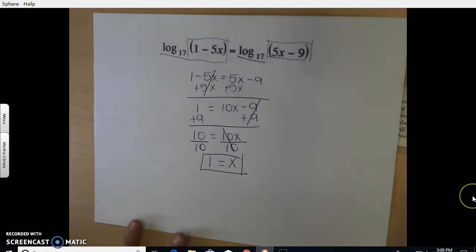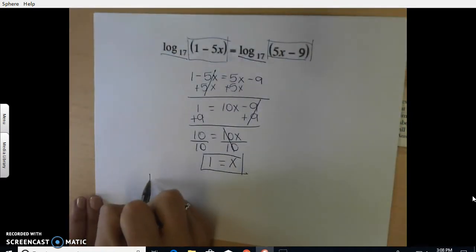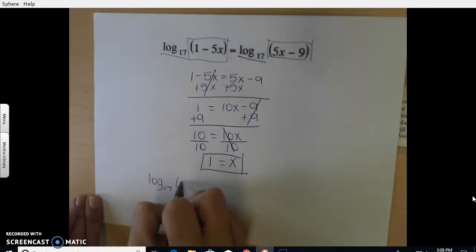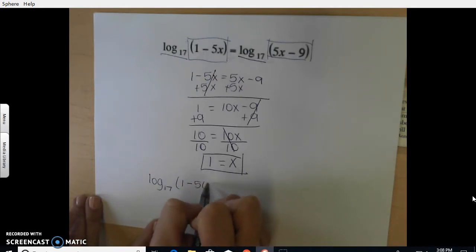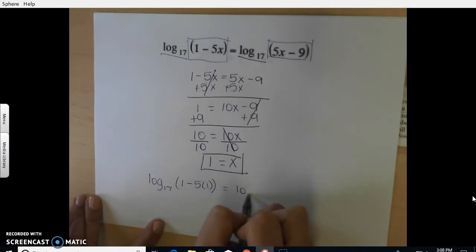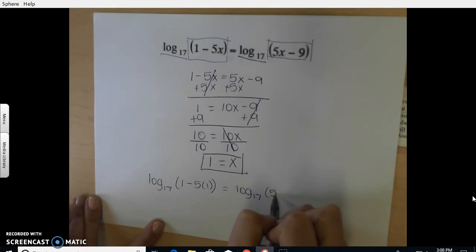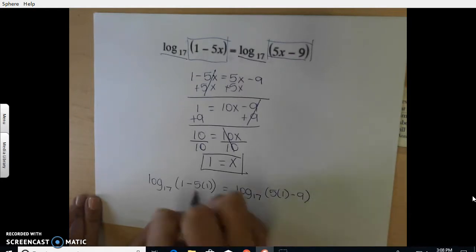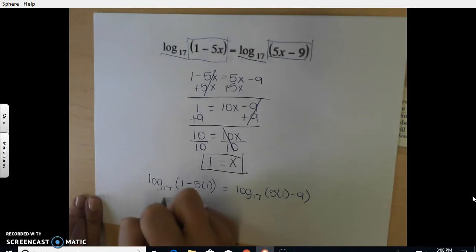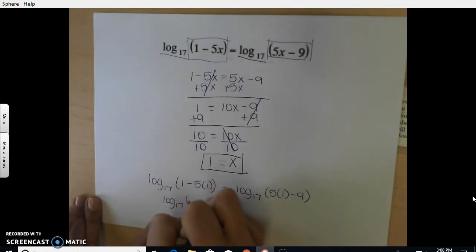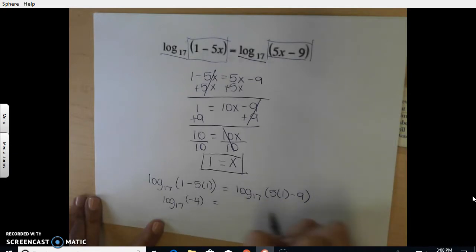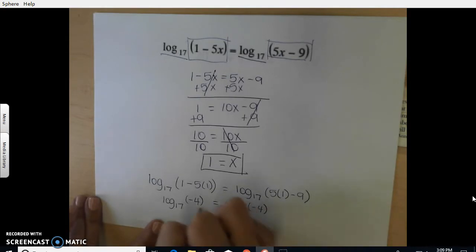I then take my 1 and plug it in to make sure that it works. So log base 17 of 1 minus 5 times 1 is equal to log base 17 of 5 times 1 minus 9. 1 minus 5 means log base 17 of negative 4, which is equal to 5 minus 9, log base 17 of negative 4.